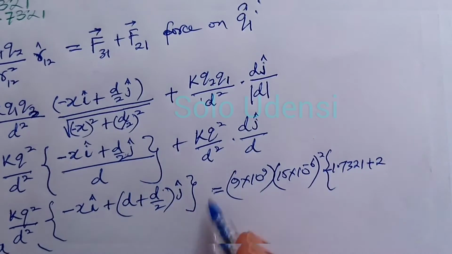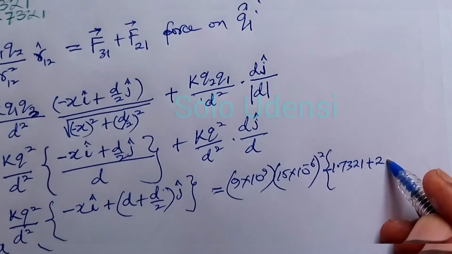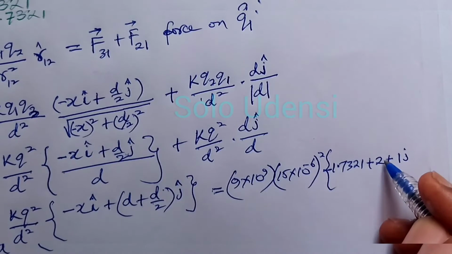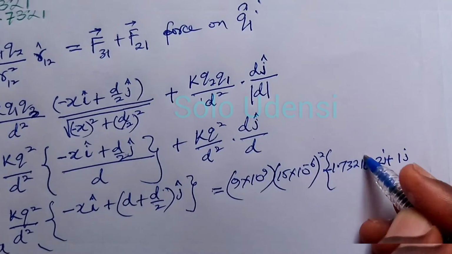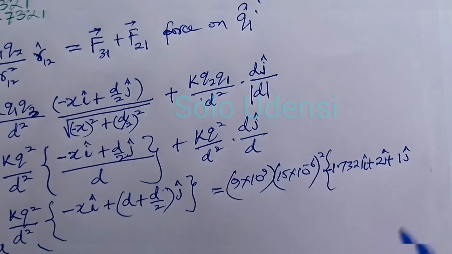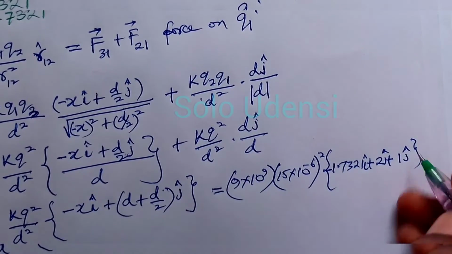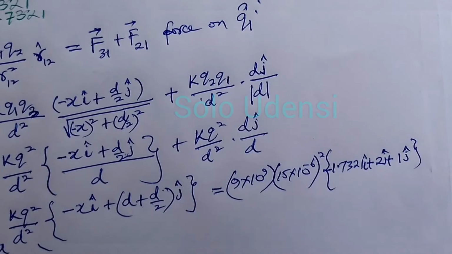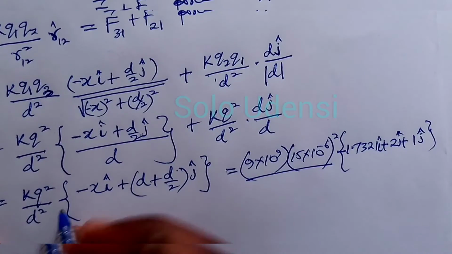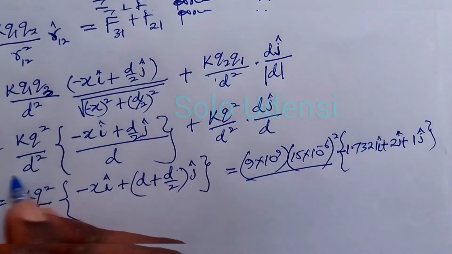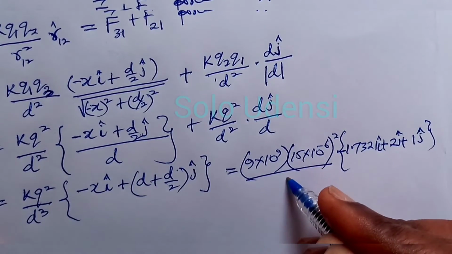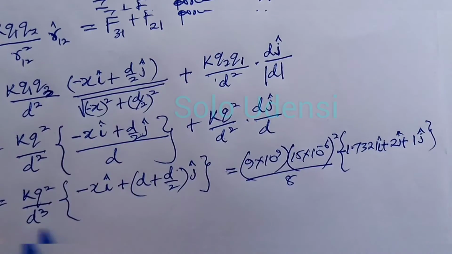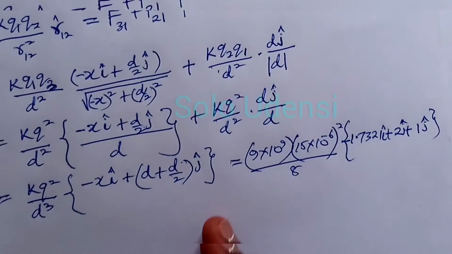This is minus here because of this minus. Then plus 1 meter, 2 j hat, all over d cubed, because d cubed is 8.